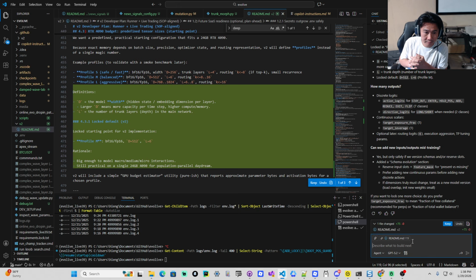Locked in: model size D, model width, size per layer. Chunk depth locked, default L2. So is L2 hidden layers? Okay.